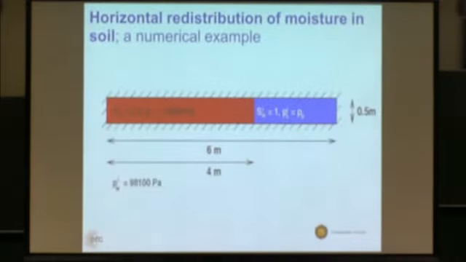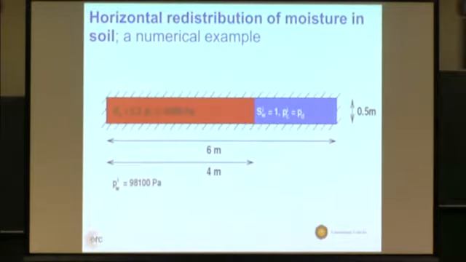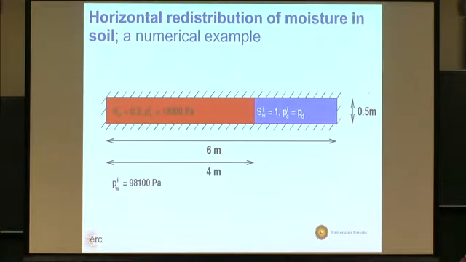Now I want to give another example where introduction of interfacial area also helps you to model a process. This is an experiment that we have also done, where we take a sandbox and put the same soil in it. It's the same sand, but we make the saturation in one area smaller than in the other area.